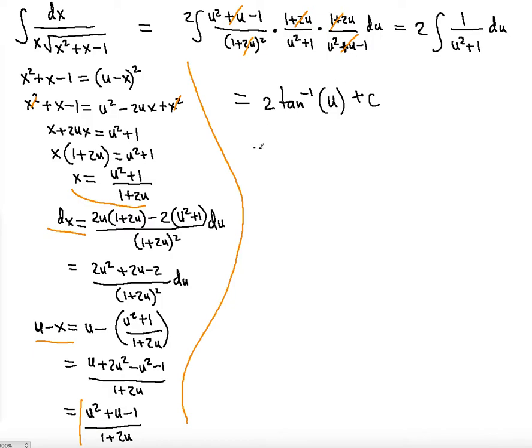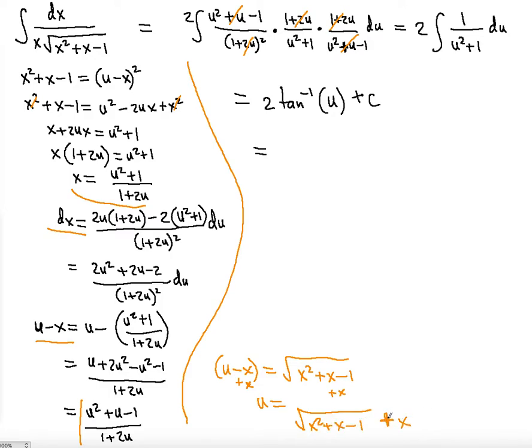So now you have to put everything back in terms of the original variable. Notice that u minus x was equal to the square root of x squared plus x minus 1. So u can be expressed in terms of x only by adding x on both sides. That's going to be the square root of x squared plus x minus 1, plus x.